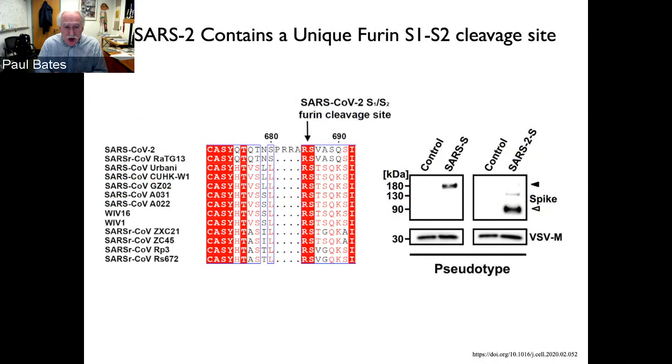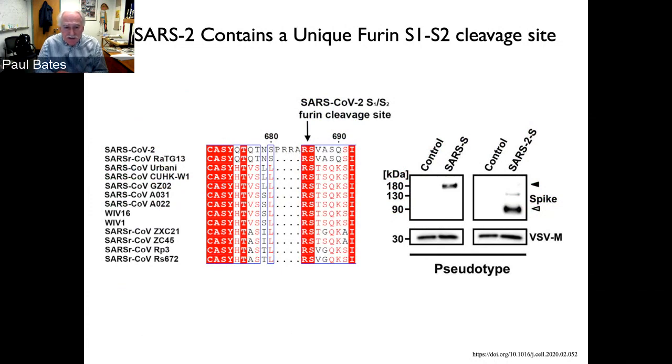But there really is no evidence to support that conclusion yet. One study out so far has shown some modest degree of difference in infectivity of SARS-2 with a mutant cleavage site versus SARS-2 with an intact virion cleavage site.